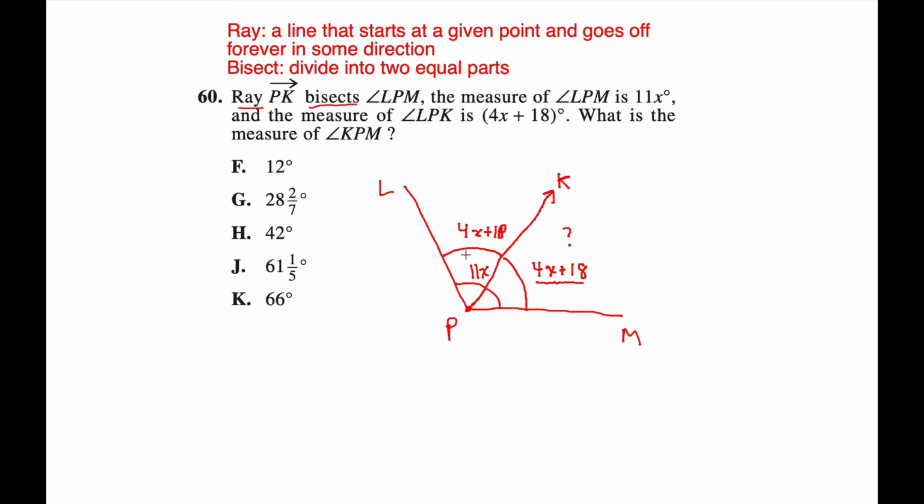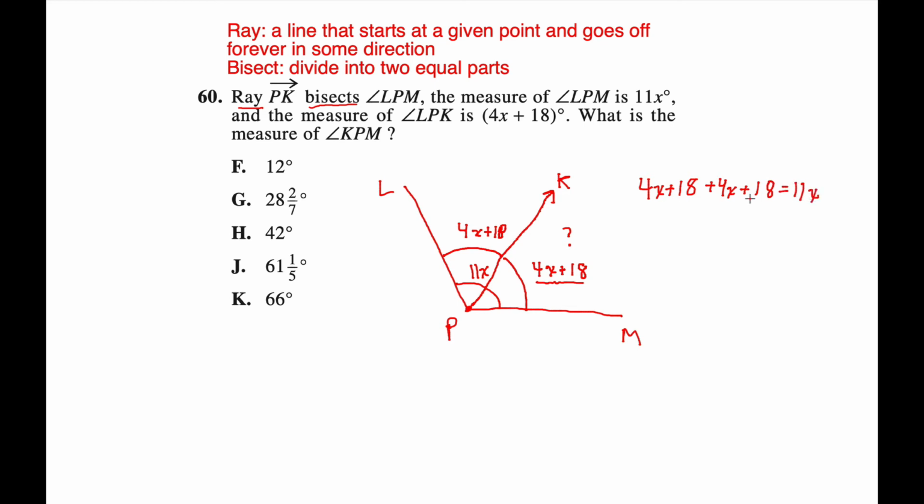And we can realize that this 4x plus 18 plus this 4x plus 18 is going to add up to the 11x. That realization allows us to set up an equation. So let's go ahead and write that equation out. 4x plus 18 plus 4x plus 18 is equal to 11x.